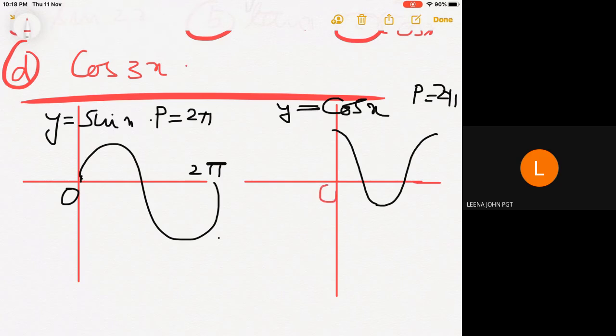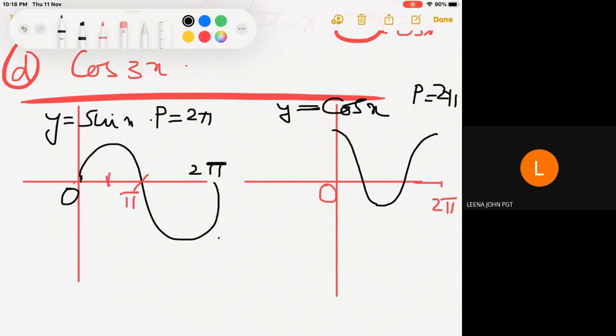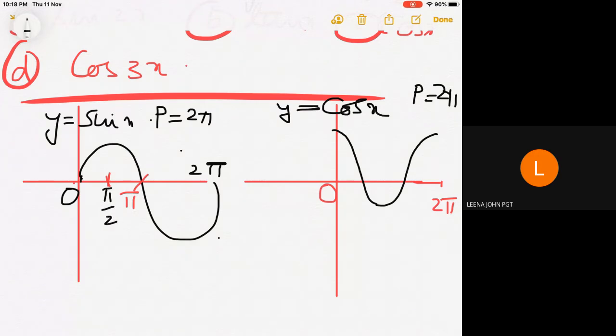Now you divide this 0 to 2 pi, the midpoint is 2 pi plus 0 by 2, which is pi, and then again half, so that comes there as pi by 2. Again this is a single unit, pi by 2, then 2 pi by 2, then here comes 3 pi by 2, then 4 pi by 2, that is 2 pi.